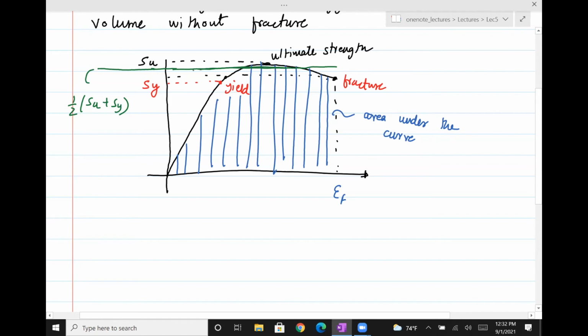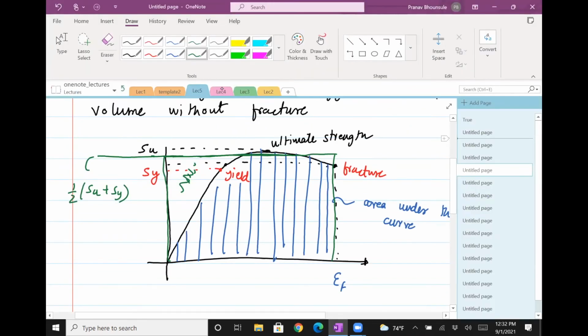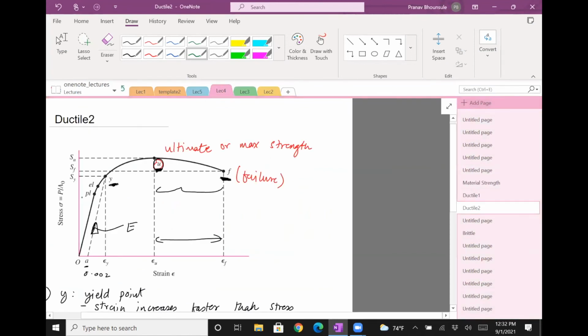So effectively we're drawing a rectangle. This line is actually a little below, it's not so high. So it looks like a large area, but it's actually not, because if you look at the curve and draw it somewhere midway like this, you miss some area here, but you're counting this area.